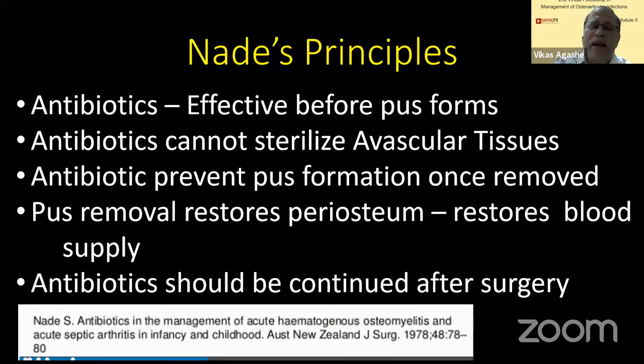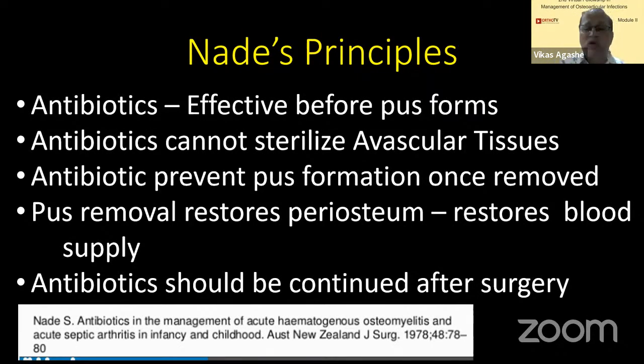I take you back about 50 years. In 1978, NIH had laid down these principles. One, antibiotics are effective before pus forms. Two, they cannot sterilize avascular tissues. Three, they prevent pus formation once you have removed the pus, so they will not work in the presence of pus.